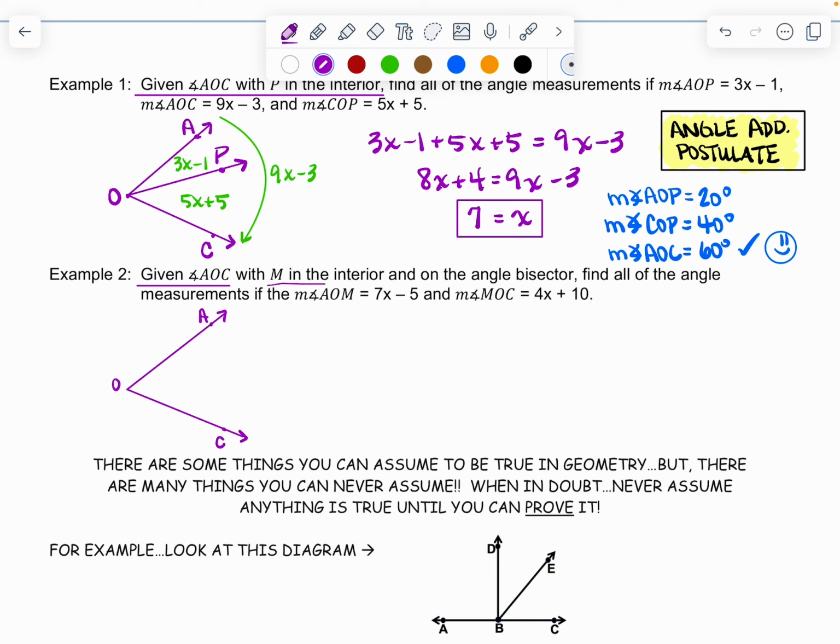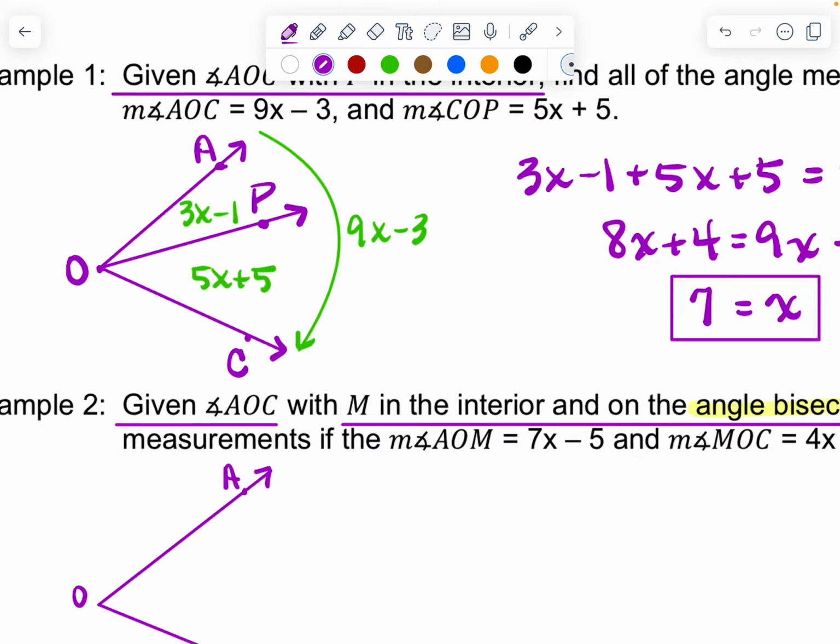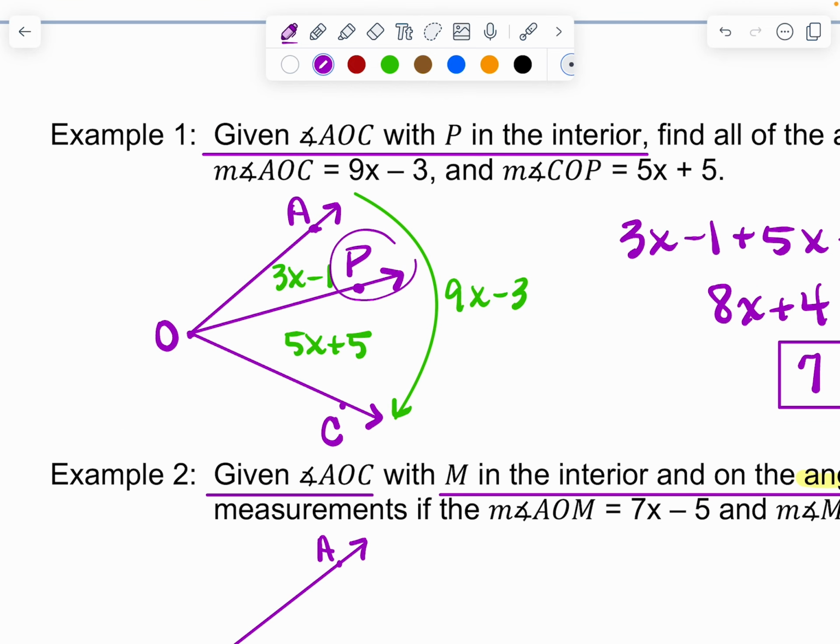With M in the interior and on the angle bisector. That could not be a big enough clue, right? Not only is M in the middle, but it lies on the angle bisector. It's not like the first question where point P is in the interior, which just means anywhere floating around in the interior.